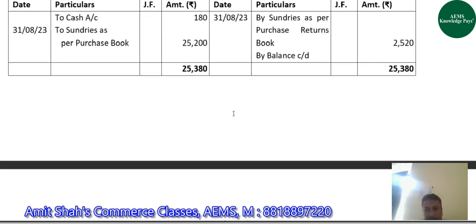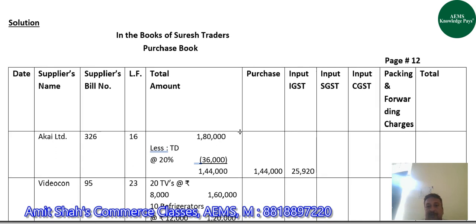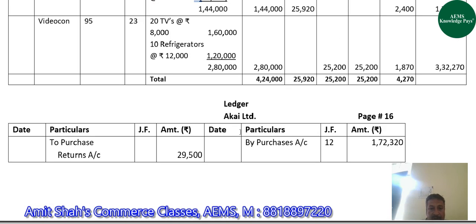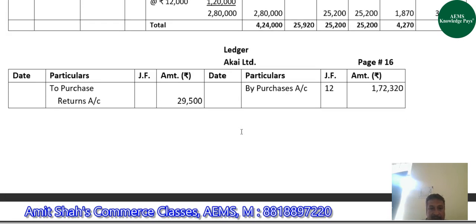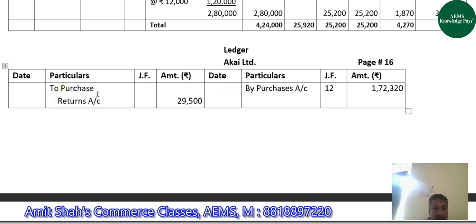So guys, today I have also explained you purchase return book and the process ahead, right? Now you have already made Akai Limited's account. Record this in Akai Limited's account, guys, on the debit side of it. This you already noted.